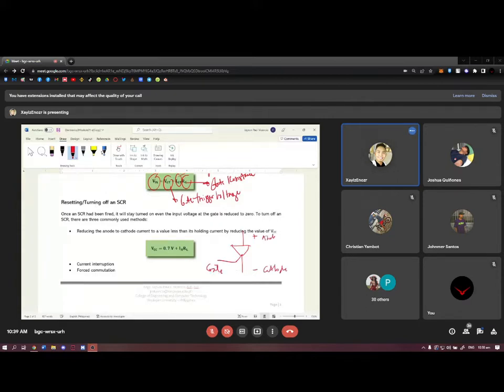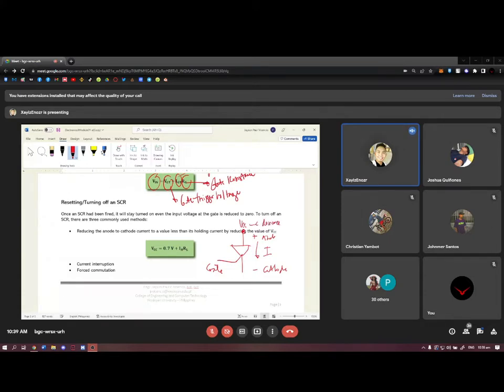Okay. So pag na-turn on yan, so ibig sabihin, para ma-turn off mo yan, is kailangan mong bawasan yung current dito. Okay? Yung anode to cathode current. So paano mo babawasan? So kailangan mong bawasan yung value ng VCC. So decrease mo yung value ng VCC.